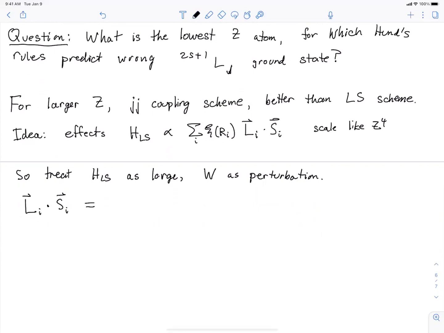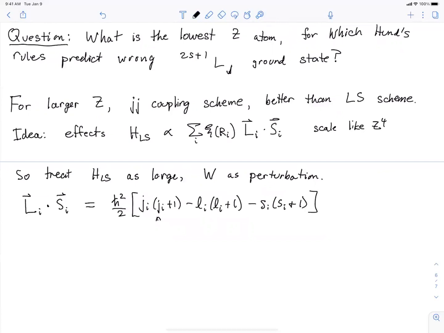And so we're going to use our standard trick to write it like this. Now on the individual combinations of orbital and spin angular momentum, I'm doing the trick of how we write the dot product of angular momenta.